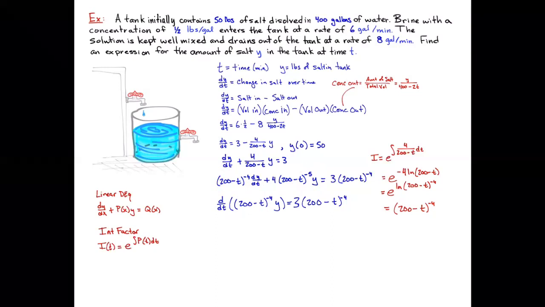Now we can just take the antiderivative of both sides. Antiderivative of a derivative is just the expression itself, 200 minus t to the minus 4th, y equals the integral of 3 times 200 minus t to the minus 4th power dt.